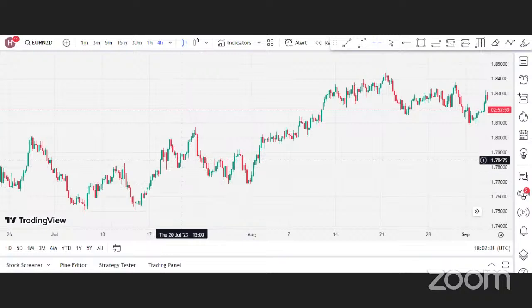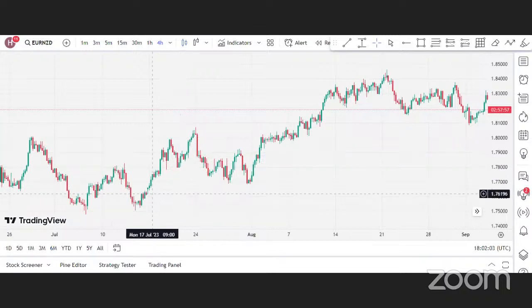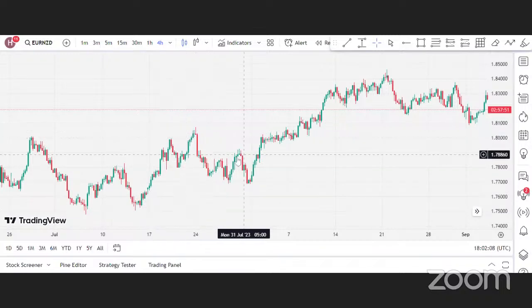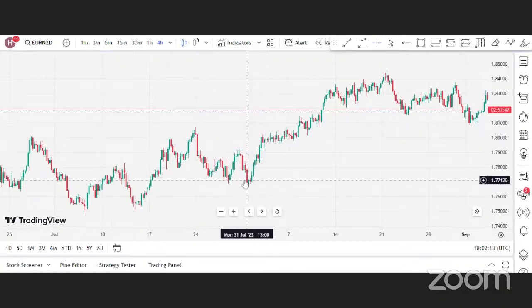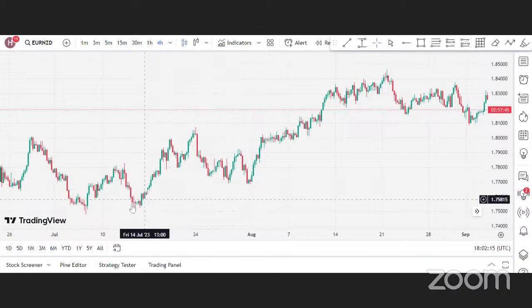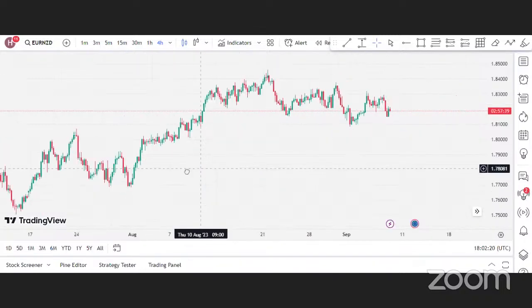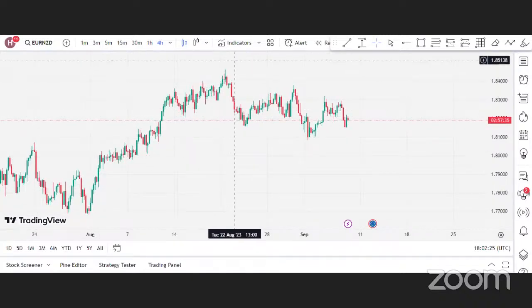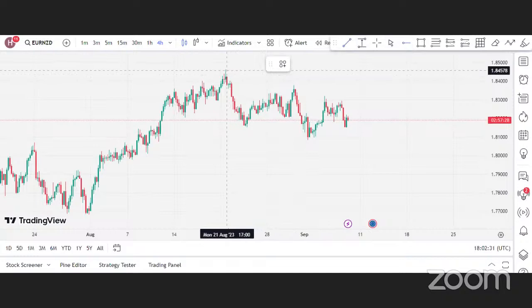As you can see right here, we have a low here, we have a high. So this high never got taken out, and then it created another low, and this low was a retest of the break of structure here. And then the market continued to go up further until this area. So this is our recent high.